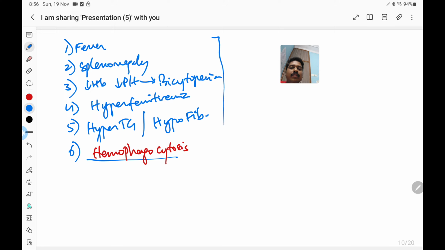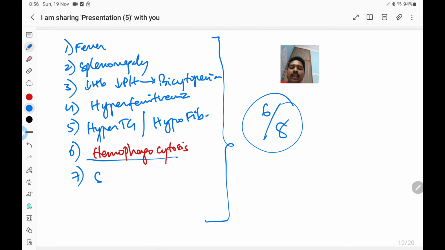So along with this picture, this was satisfying the criteria for a disease. These are 6 criteria out of the 8 criteria. The other 2 criteria are that soluble CD25 is increased, and absent or low NK cell activity.